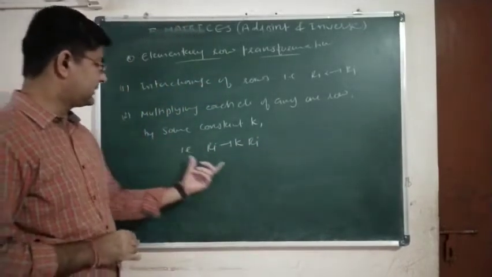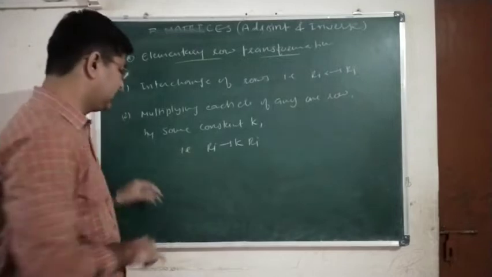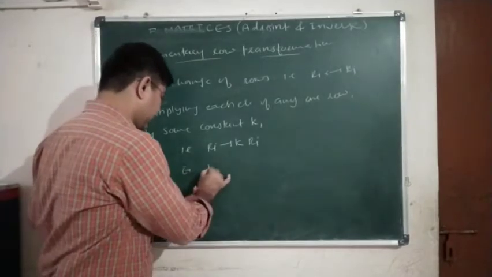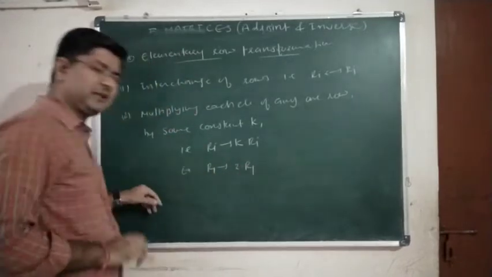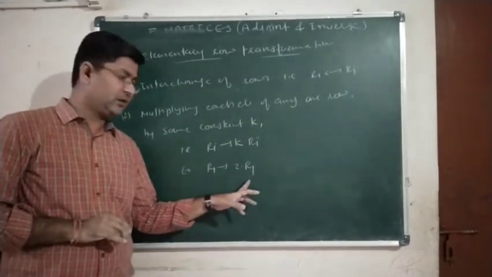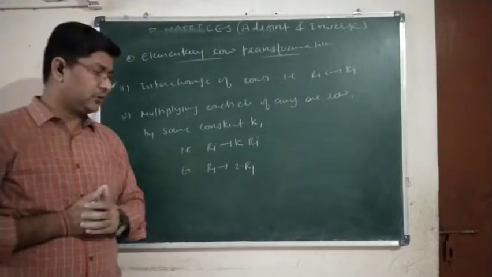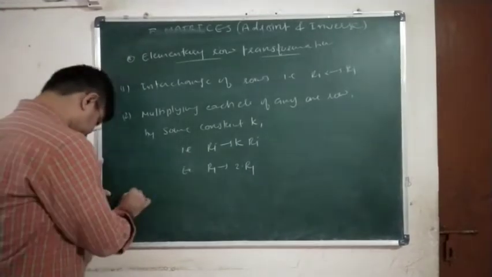Okay, this operation can be represented in this way. For example, on R1, 2 into R1 we can write, if we are multiplying each element of the first row by 2.